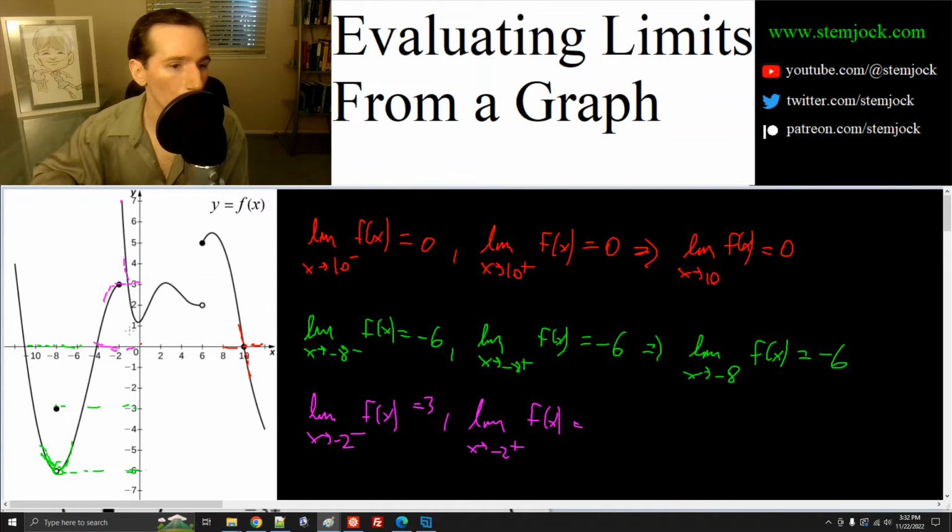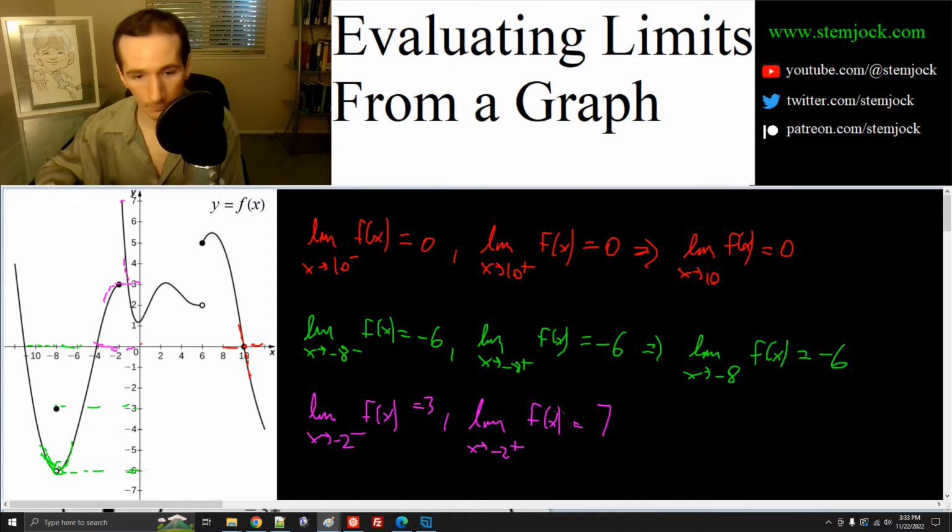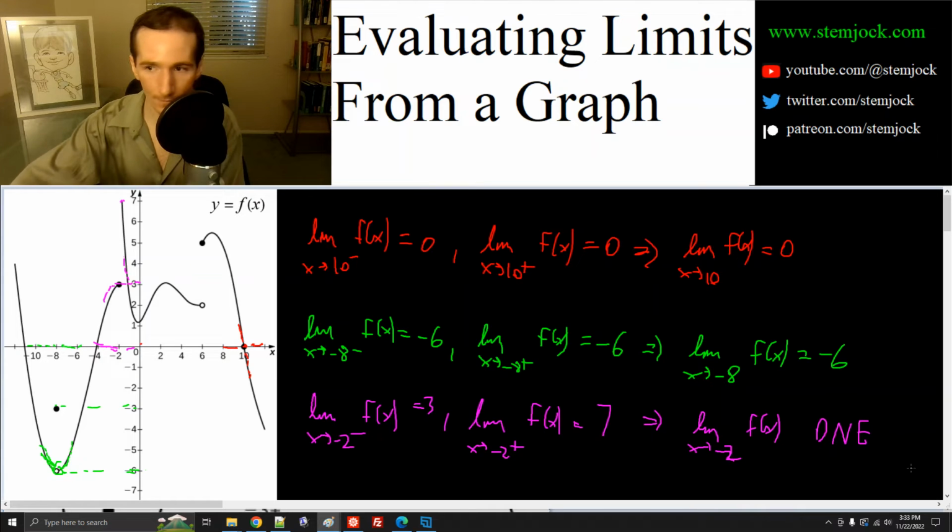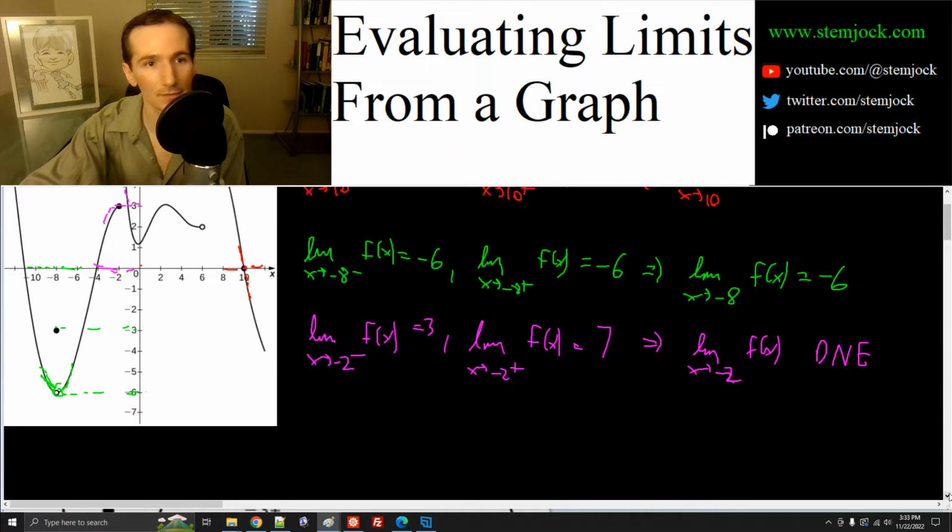So from the right, the function approaches the y value of 7. Now, because the left and the right-hand limits are not the same, the limit as x approaches -2 of the function does not exist, also known as DNE. That's a common abbreviation in calculus. So the limit of the function as x approaches -2 does not exist.